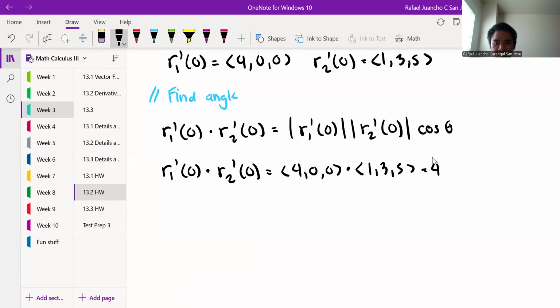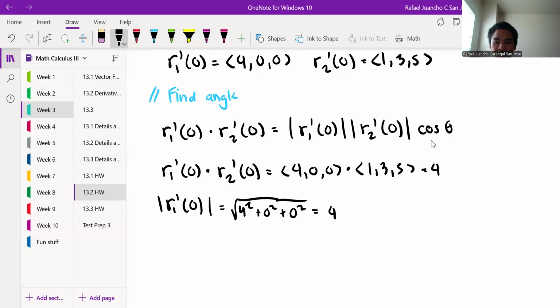Okay, cool. Now we get the length of both of them. The first is the square root of 4 squared plus 0 squared plus 0 squared, so we get 4.